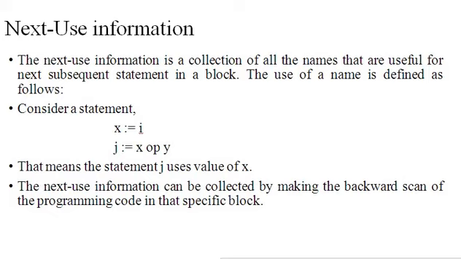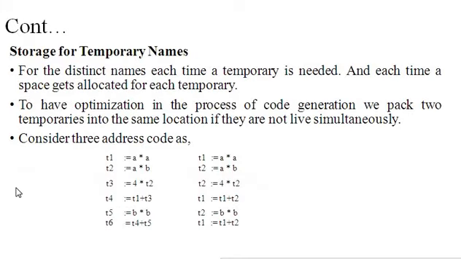And second one is storage for temporary names. For the distinct names, each time a temporary is needed, a space gets allocated for each temporary. To have optimization in the process of code generation, we pack two temporaries into the same location if they are not live simultaneously.